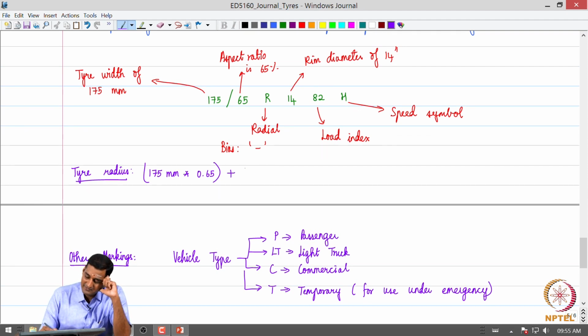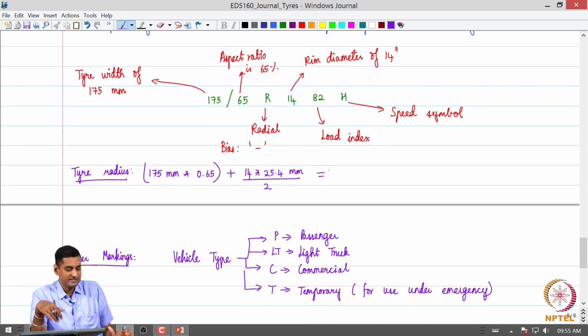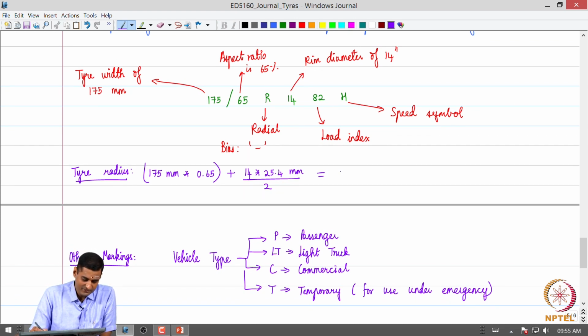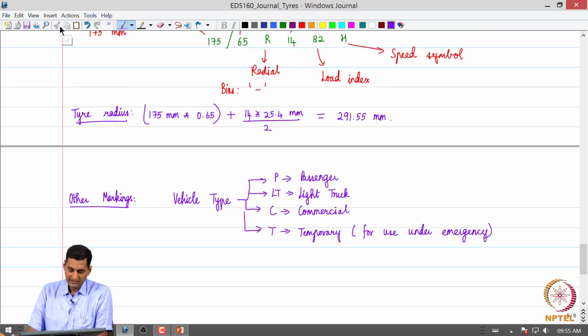So, what will be the rim radius in mm? It will be 14 inches times 25.4 mm, divided by 2. If you want a nominal tire radius from the tire specification, you can get it this way. If you do the calculations correctly, in this case we get around 291.55 mm. I hope I am correct.